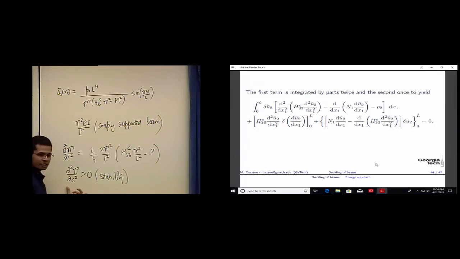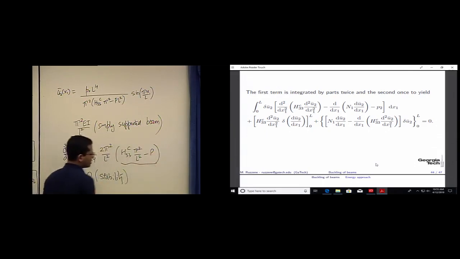So if the second order derivative is greater than 0, the potential energy will be a minimum at that equilibrium solution, right? So if we want a minimum potential energy for stability, we want this term to be greater than 0. And for this term to be greater than 0, this expression has to be greater than 0, right?